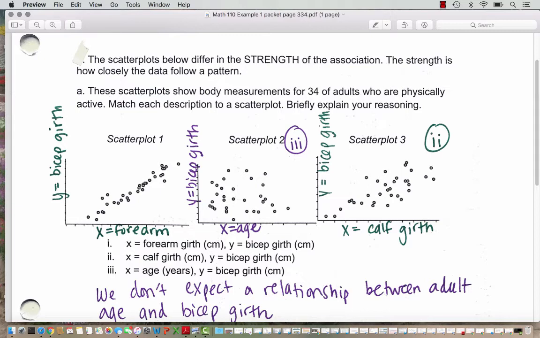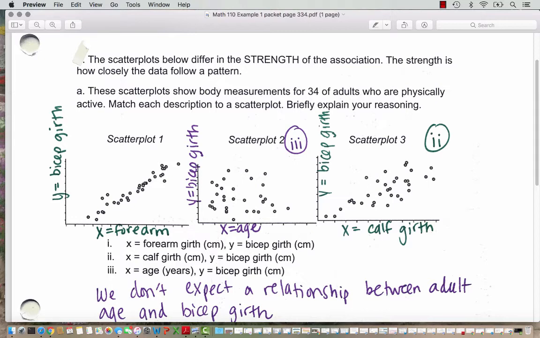Scatter plot 2, the points look like kind of a big blob or a cloud. They look like they're just randomly distributed around the axes here. And so I don't think scatter plot 2 has any sort of association. If you fit a line through, your line wouldn't necessarily be positive or negative. It would just be a flat line with no relationship.